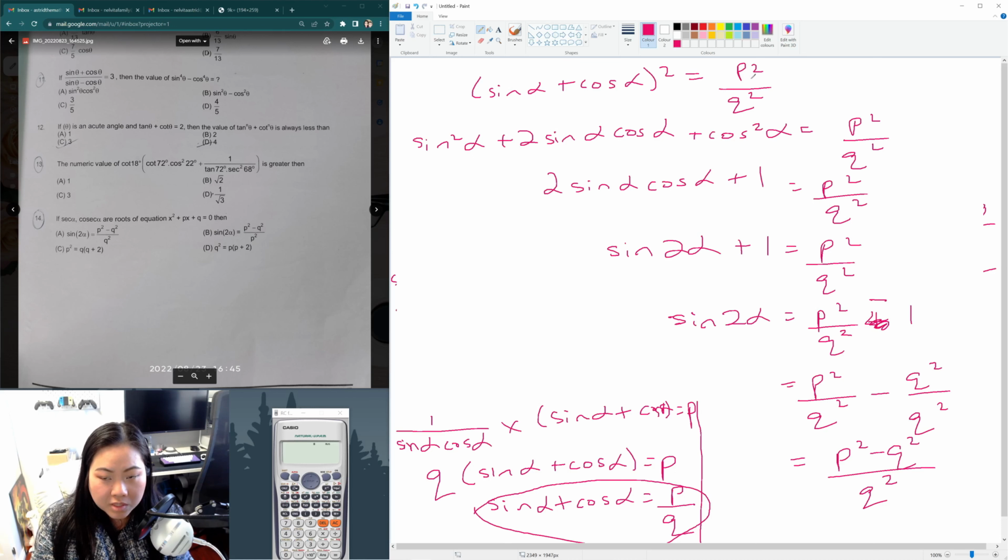So I squared both sides, and once you've squared trig, there's usually trig properties that you can use, and sine squared alpha plus cos squared alpha is 1, so that's nice. And then it turns out that 2 sine alpha cos alpha also has a property of sine 2 alpha. It's the same as sine 2 alpha.